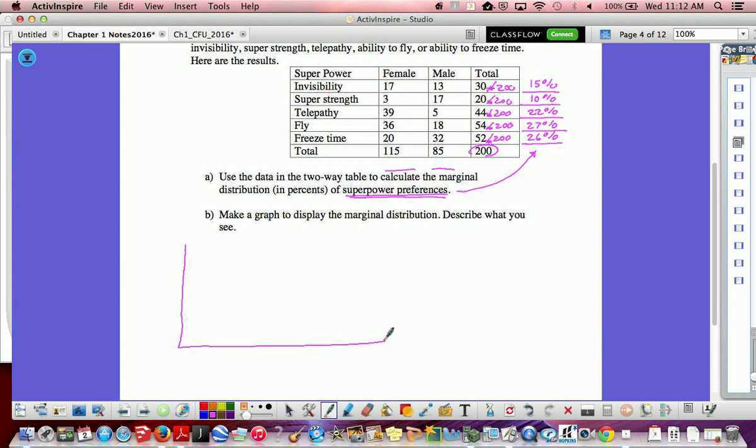So now getting back here, we need to label, so I like to put it on my superpowers. And then here will be percent. Now, when I label my y-axis, I want to, as much as possible, use the entire y-axis. So I'm going to look at my percentages here. Note that my highest percentage is 27%.